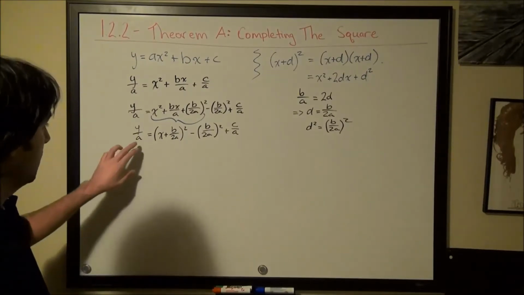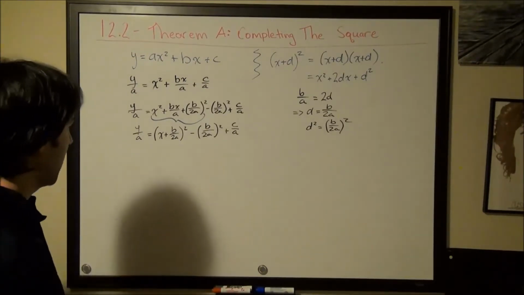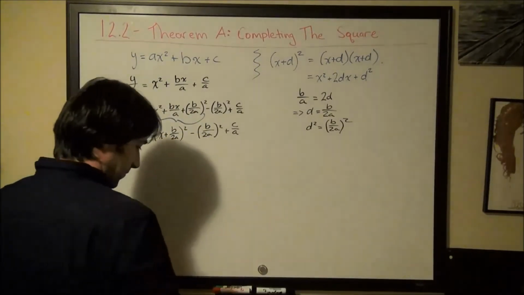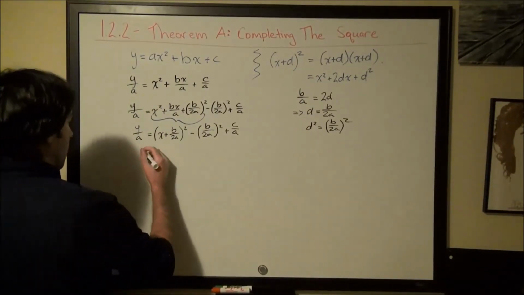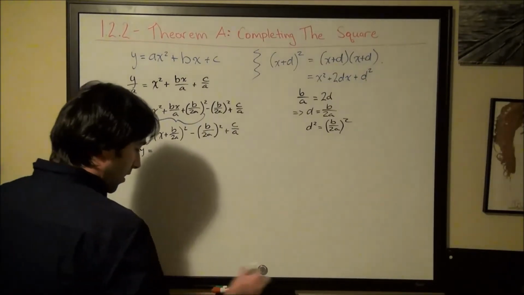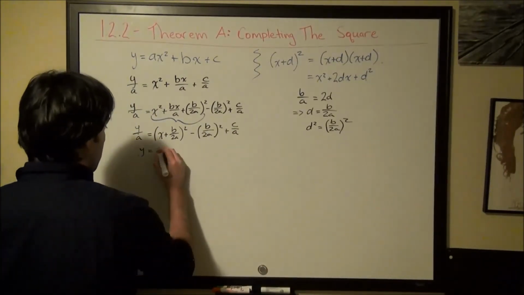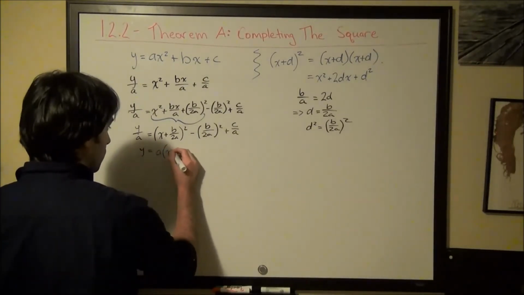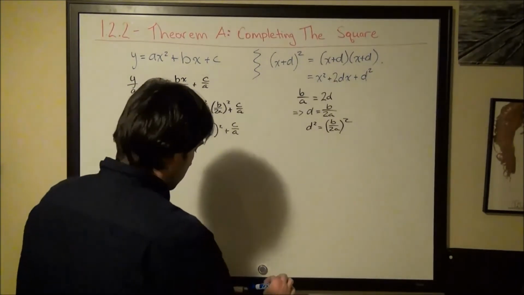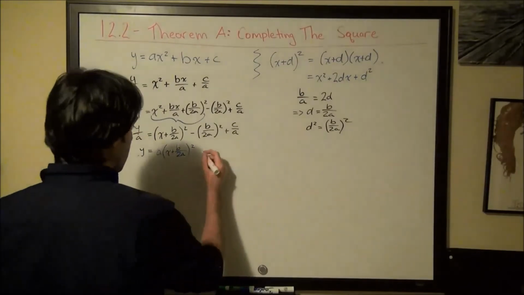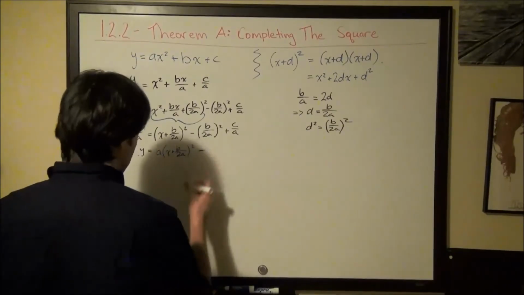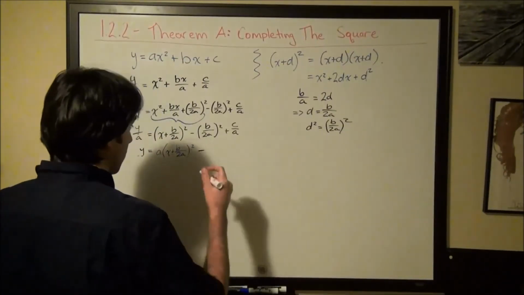Now our final step would be to multiply the a back across, and I'm going to write this in two different colors. I don't need the over a, because it's going to be multiplied through. I'm going to write the squared term, and I'm going to write the not squared term in red.